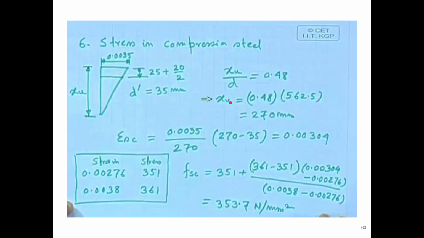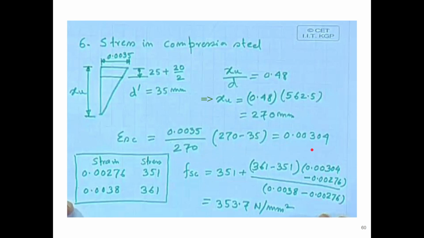Now let us go to the compression side and find out the amount of steel required in compression. Here we get the XU value as 270, that is 0.48 into 562.5, so it becomes 270 millimeter. For the epsilon SC value, using the similar triangle concept, epsilon SC is 0.0035 by 270 into 270 minus 35, or 0.0035 into 1 minus 35 by 270.